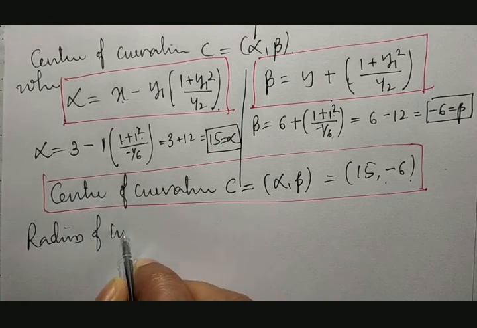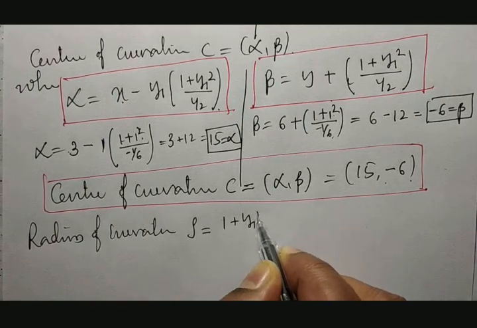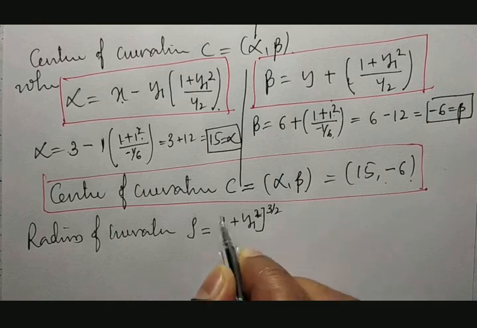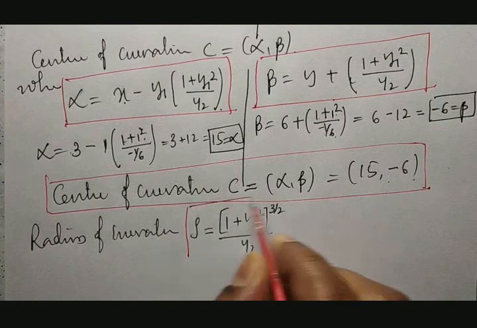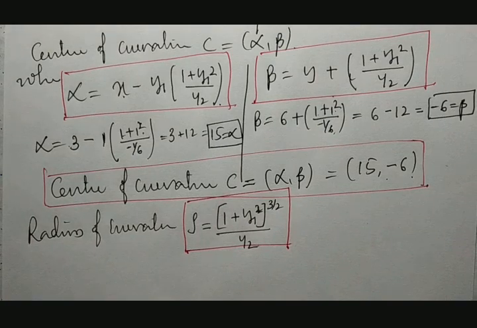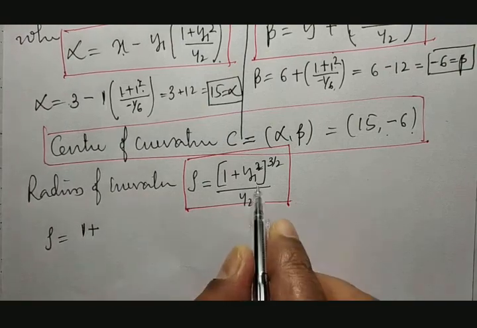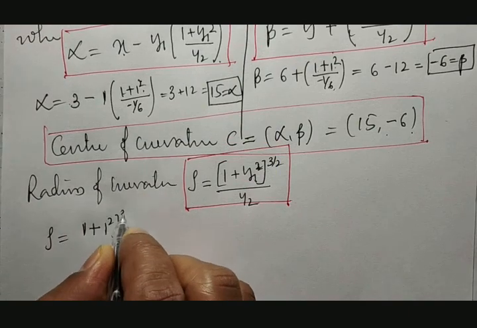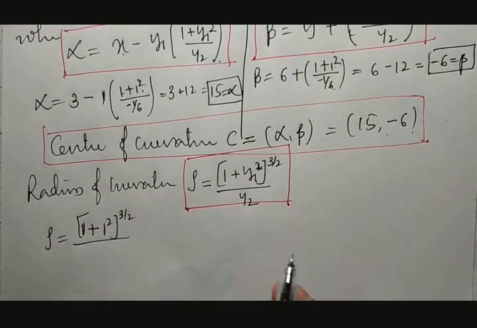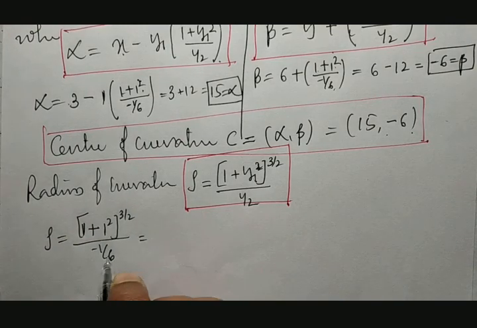So what is the radius of curvature? Rho is equal to 1 plus y1 square raised to 3 by 2 divided by y2. So this is the formula. Clear? Therefore, rho is equal to 1 plus y1 square, y1 is 1, raised to 3 by 2 divided by y2. What is y2? Minus 1 by 6. Therefore, this goes to the numerator.